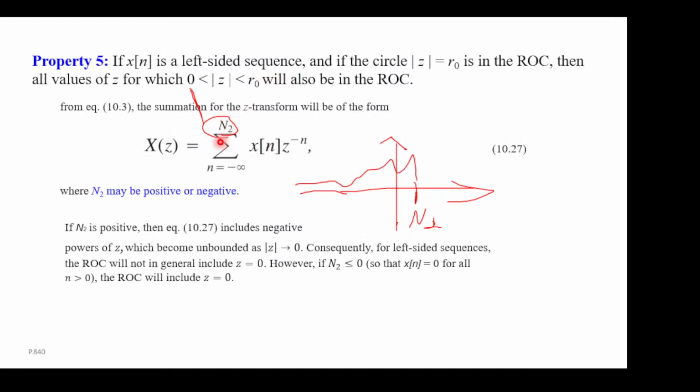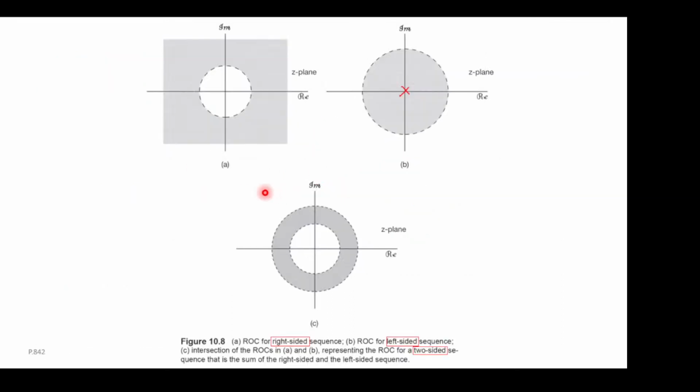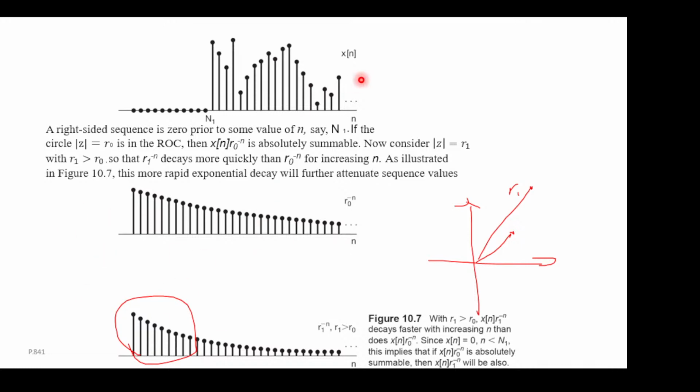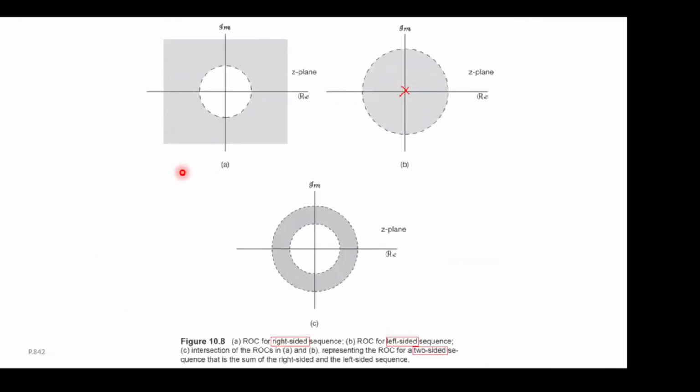That's because if your n2 is positive, then you include a term like 1 over z, and 1 over z diverges at 0. So only if your n2 is less than or equal to 0, then your ROC will include 0. So it's just a reverse of the right-sided situation.